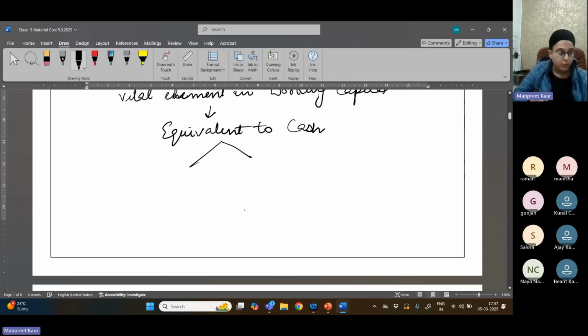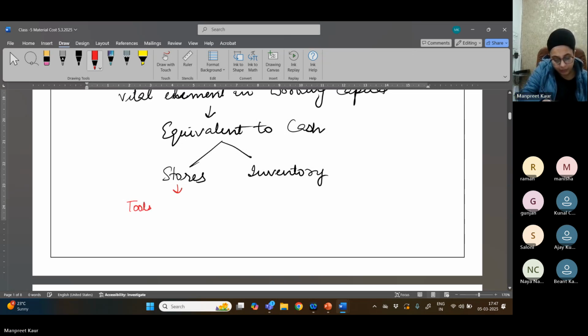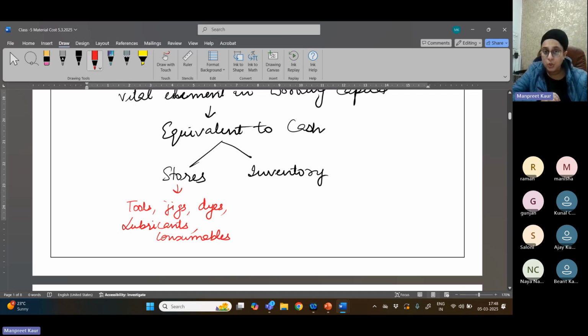It can be of two forms, that is stores and inventory. Stores like tools, jigs, dyes, lubricants, consumables. This is the stores. Actual raw material in case of a pen is, anyone?